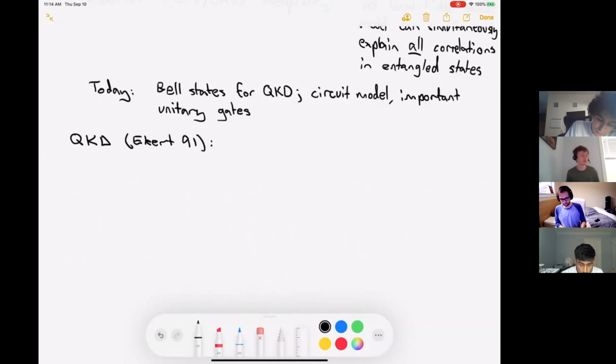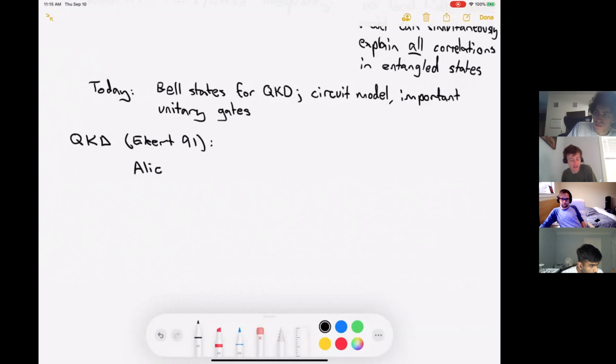We're not going to talk too much about this because it's essentially the same protocol as BB84, but it's a nice way to think about it that makes explicit why it's impossible to break. Okay, so what happens in Ekert 91?